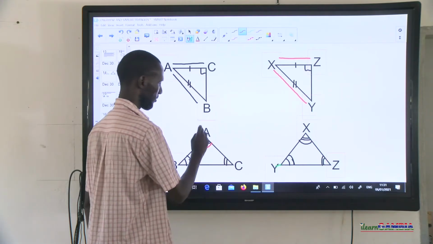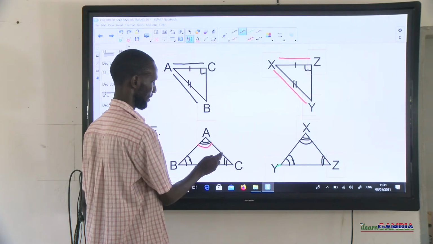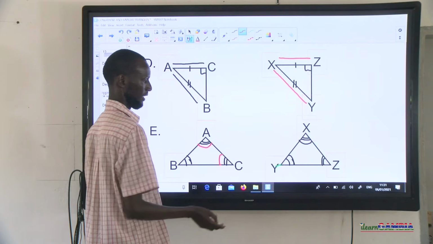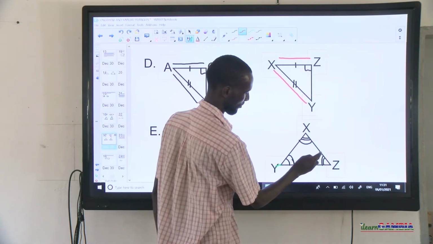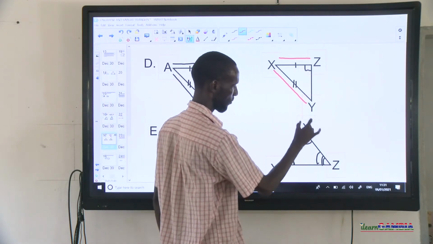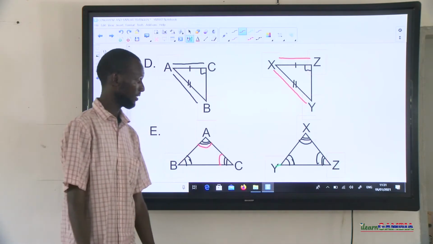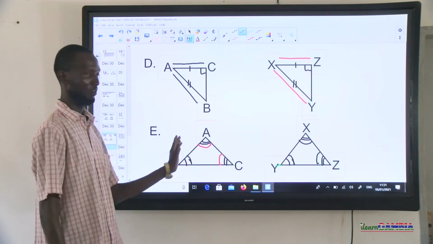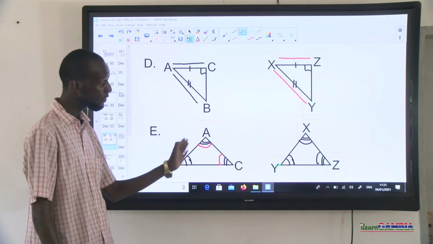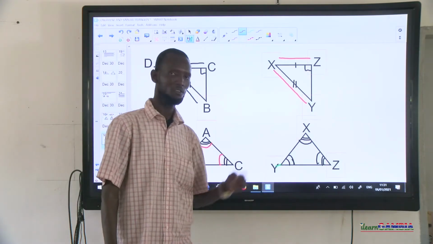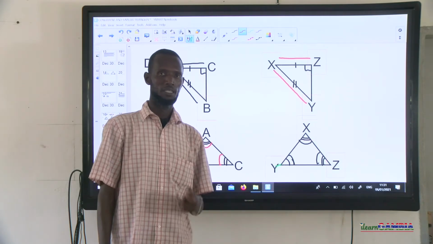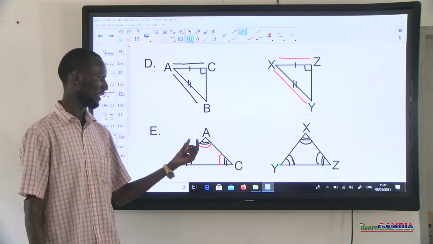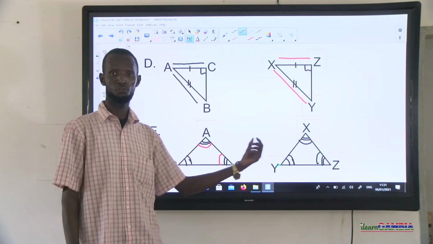Also, angle C of triangle ABC is also equal to angle Z of triangle XYZ. So what happens here is that all the three angles of one triangle are equal to all the three angles of the second triangle. But again, the question is, is that enough to prove congruency?